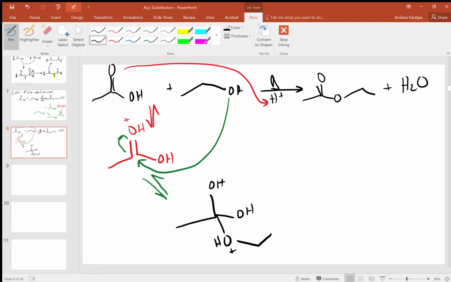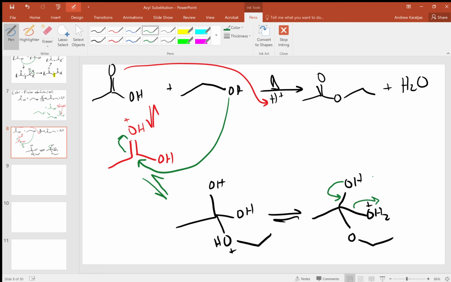From here, we get a proton transfer from what was the alcohol to one of our other oxygens. And then the other OH group can add its lone pair back in and kick out water. Now, upon losing water, we get to our product, the ester.